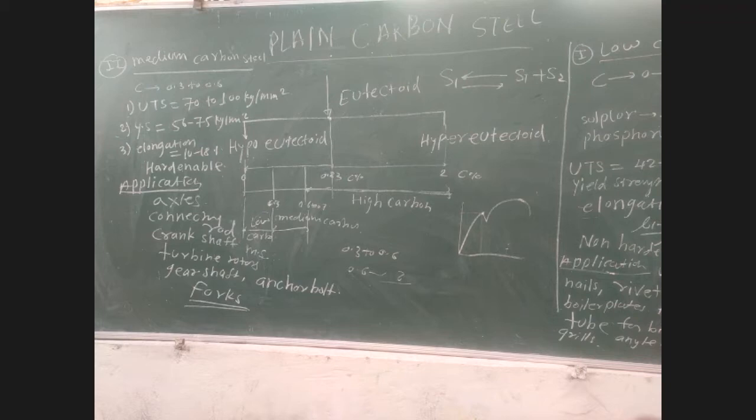Okay. So up to here it is clear about low carbon steel and medium carbon steel. Low carbon steel 0.3% carbon, medium carbon 0.3 to 0.6, and above 0.6 is high carbon steel. So let us go to the next part, that is the high carbon steel.